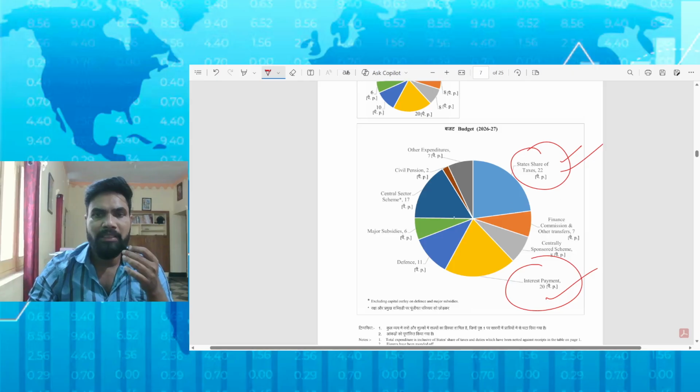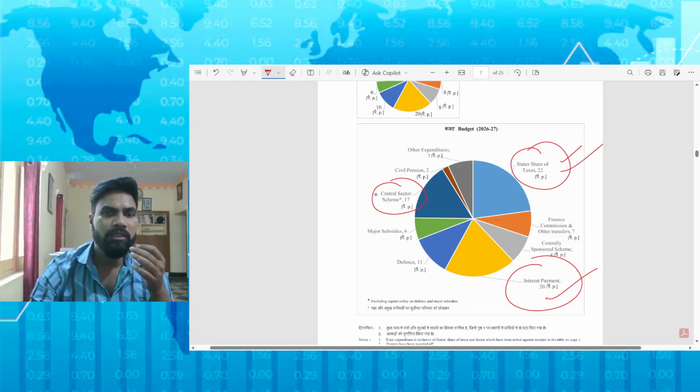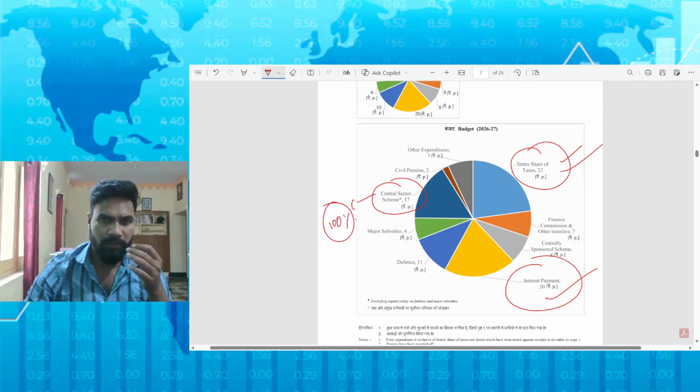The next biggest expenditure is central sector schemes, schemes that are directly implemented by the central government, towards which the central government gives 100% of the money. The next biggest item after that is defense expenditure.